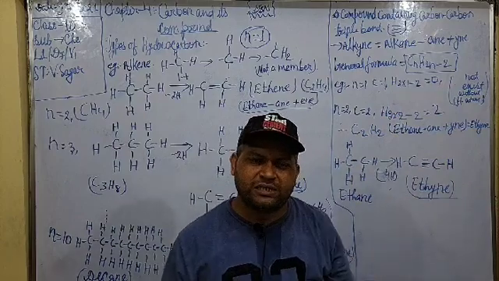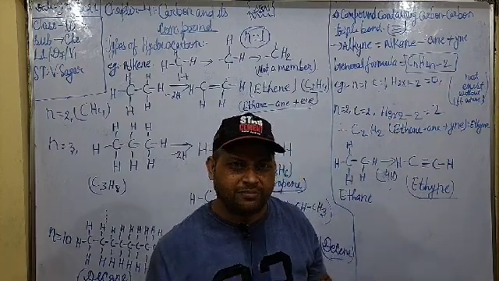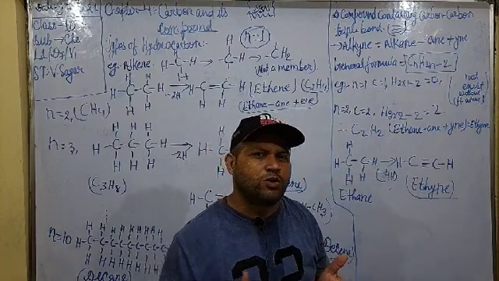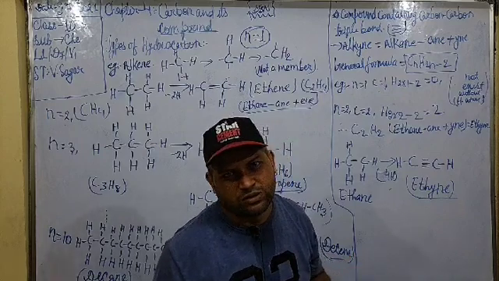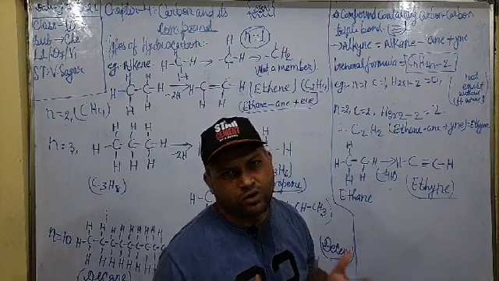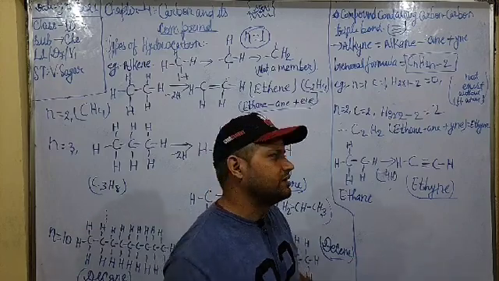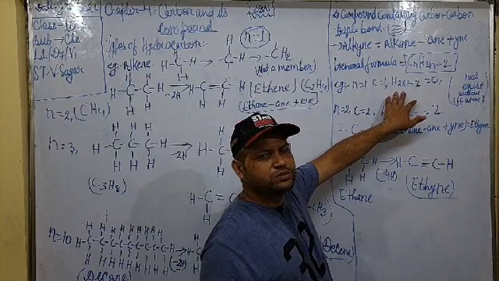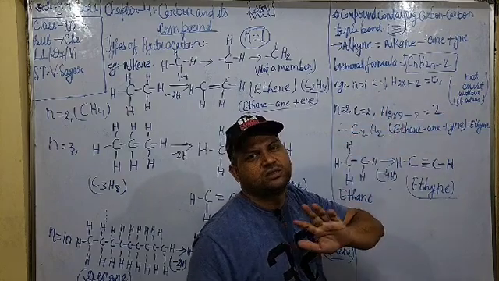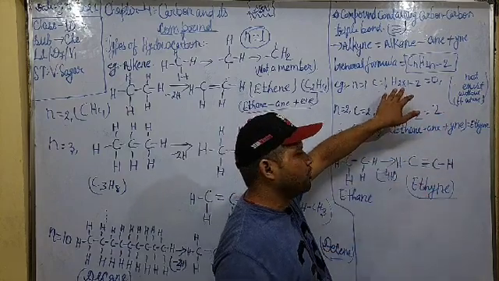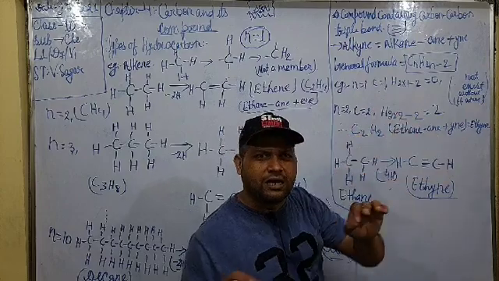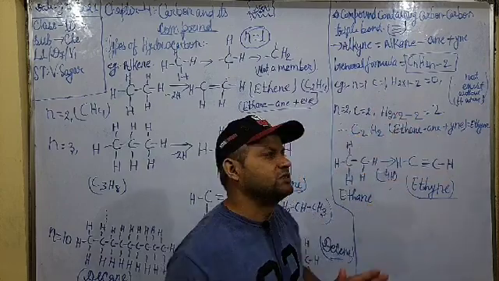So the number of H atoms becomes 0. Then tell me how a compound can form without hydrogen. Only carbon cannot form any hydrocarbon compounds. That's why the member for n equal to 1 in alkyne does not exist.